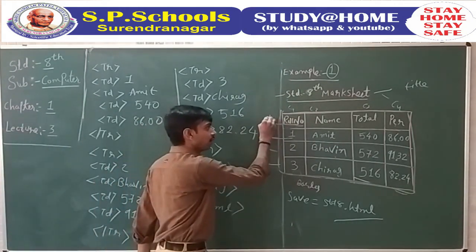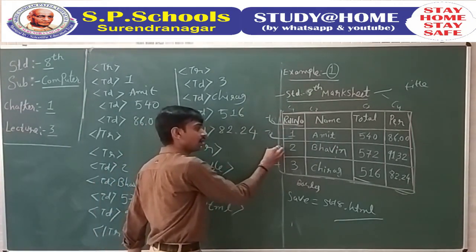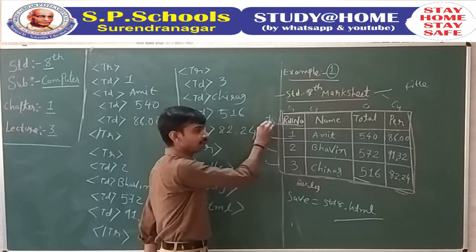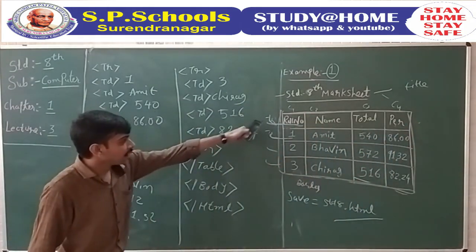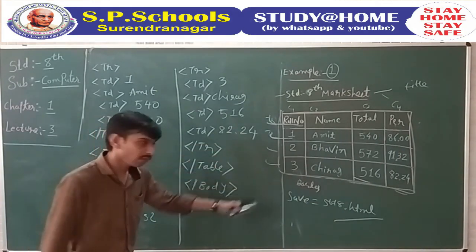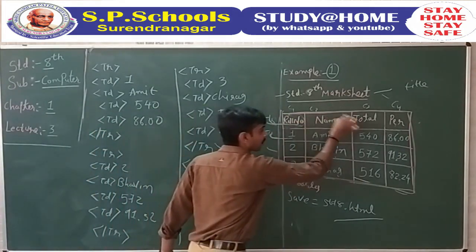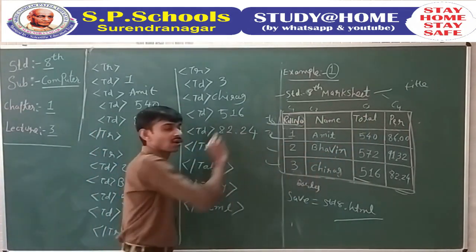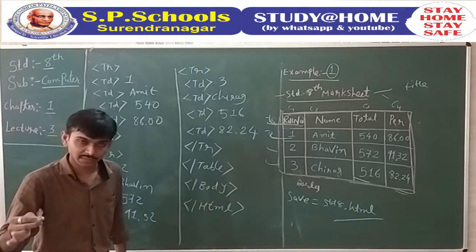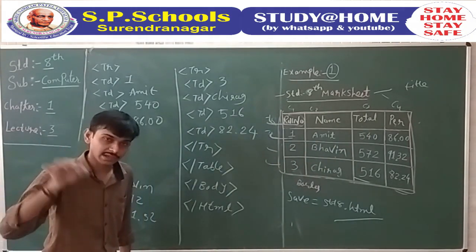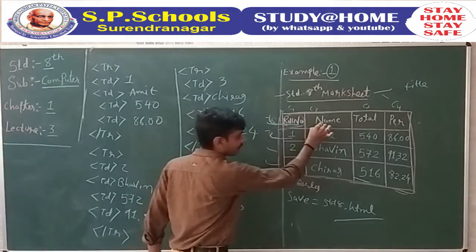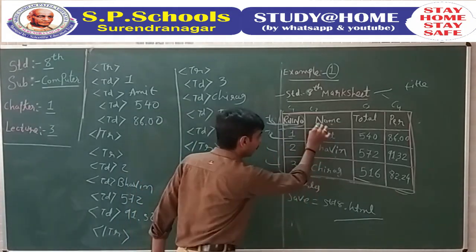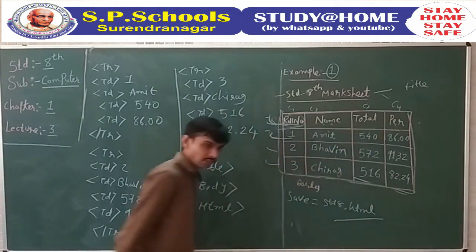Table rows, here TR1, TR2, TR4. Here we start, here we close. So table rows 1, 2, 3 and 4. This box or data cell is known as a cell. The information that we write in our individual part, this box, is our table data, 1, 2, 3 and 4.